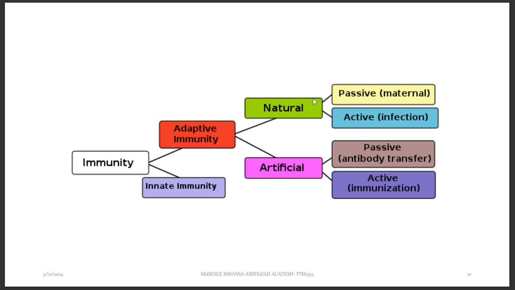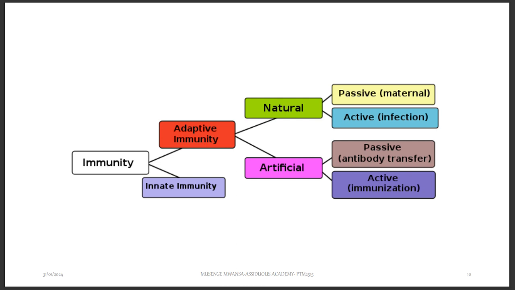But natural active, every time you hear of active, it means that something is being made. The body is being involved itself. The body, the same body that will use this, is being involved itself. Okay? So, for example, if I get sick today, I have got malaria. What will happen is that my body will produce antibodies to fight malaria.